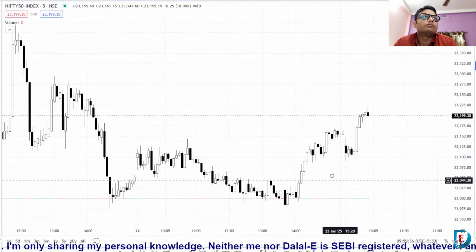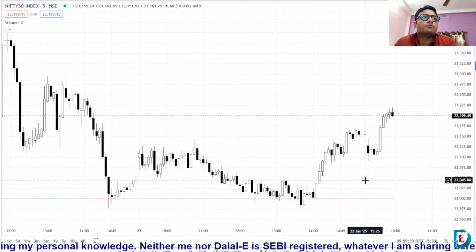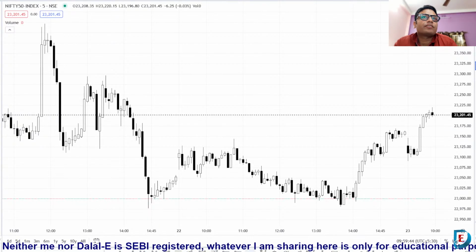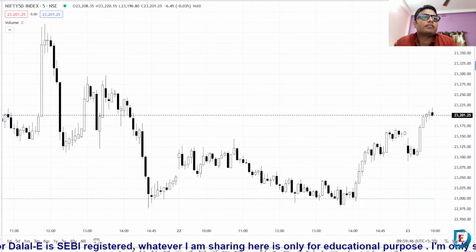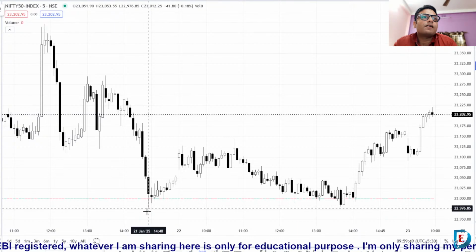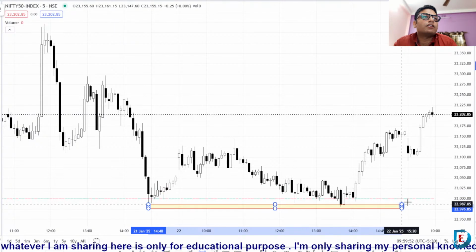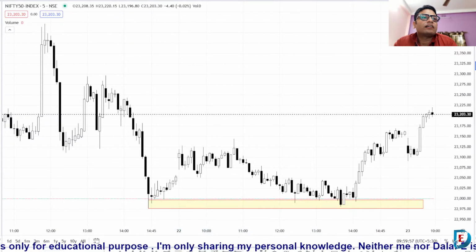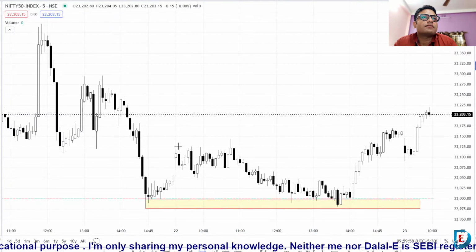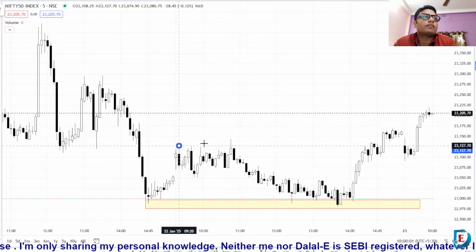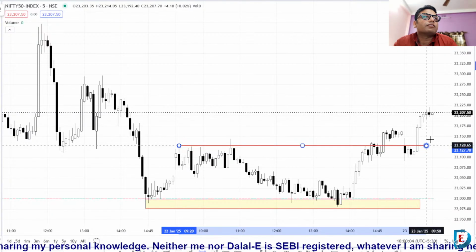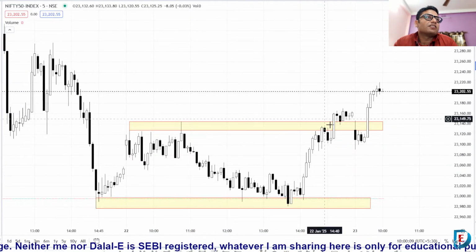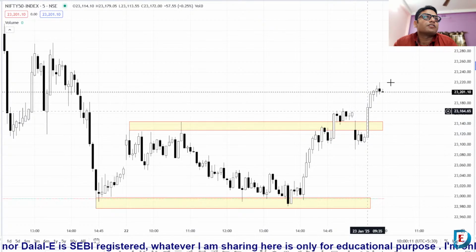Right now, we can see Nifty 50 is trying to give us some pullback. It has formed a double bottom pattern here, and it has already crossed this level. Today it opened below this level, but price somehow managed to sustain above this level.